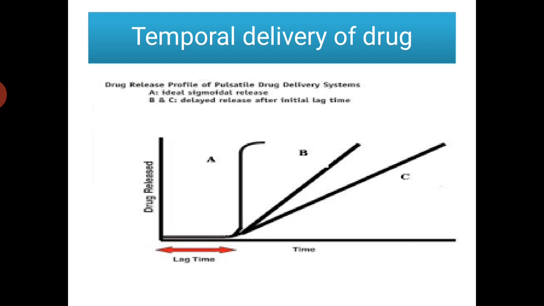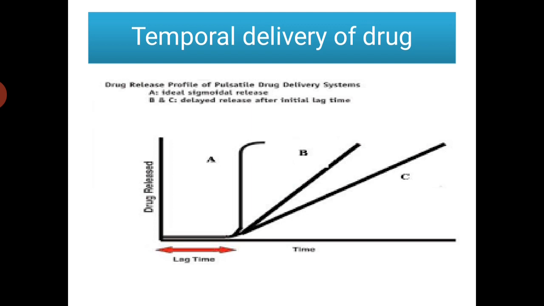That means, again we are discussing the temporal delivery of the drug molecule, which shows the drug is released based upon the requirement of our body. That means there is rate control: at a specified time, based upon our requirement, we need to deliver the drug molecule.